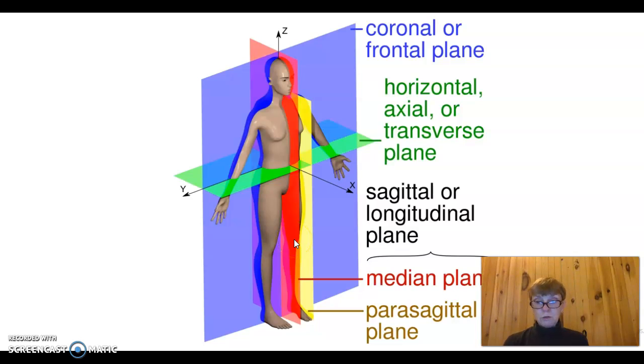So those planes really have to do with how the body stands or how the body is cut. And again, that sagittal will end up being one of the ones you're going to use more often. If you can imagine watching those CSIs or the medical programs, the medical examiner would have done a longitudinal sagittal cut through the victim so that they could take a look at all of the abdominal tissue.